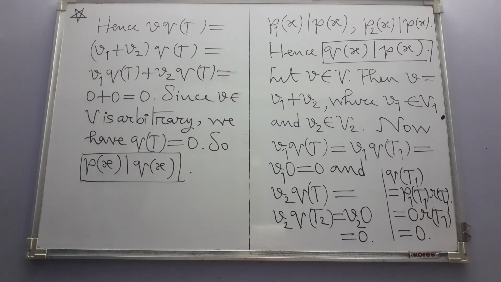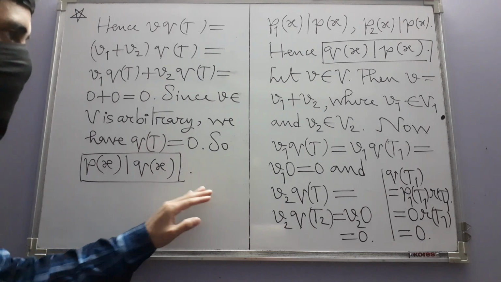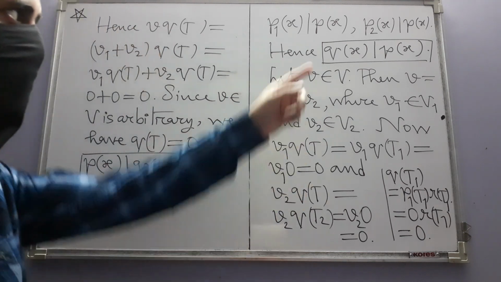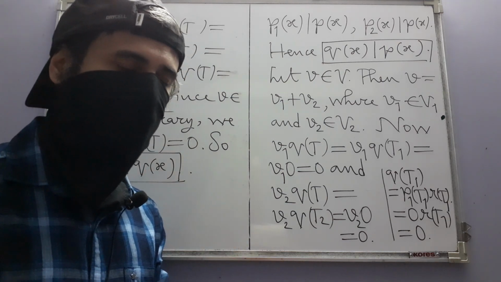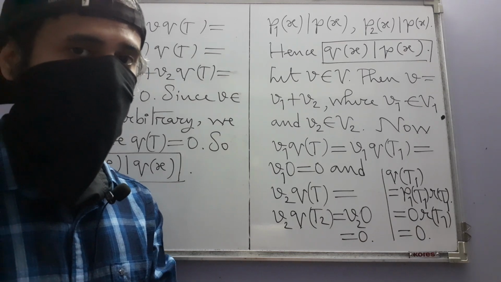What can you conclude from them? Are you going to immediately conclude that P of x is equal to Q of x? Well, it will be, but in general, these two divisibility relations in a Euclidean ring don't imply equality in general.